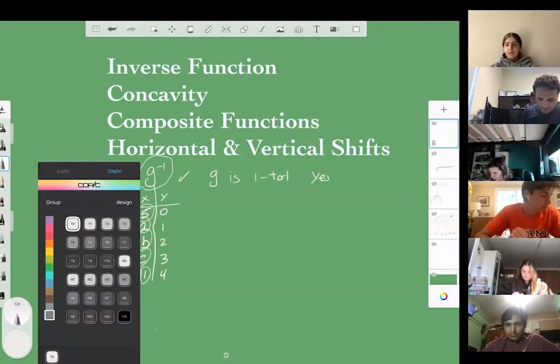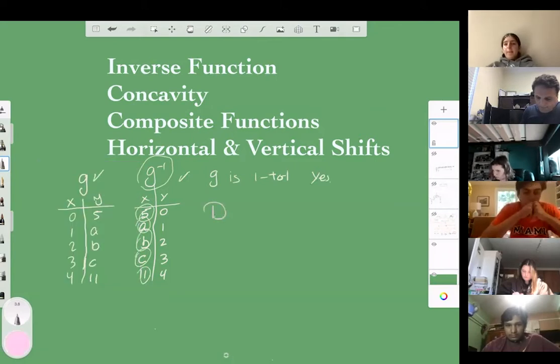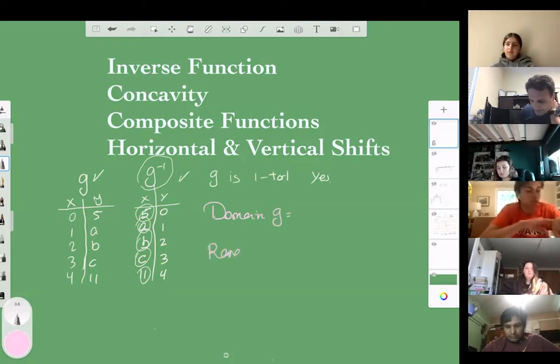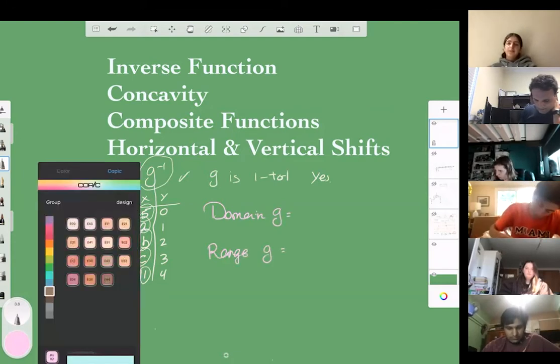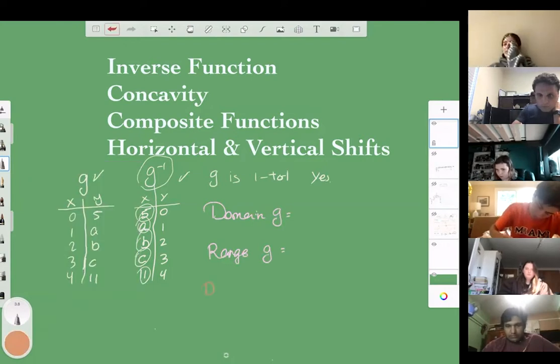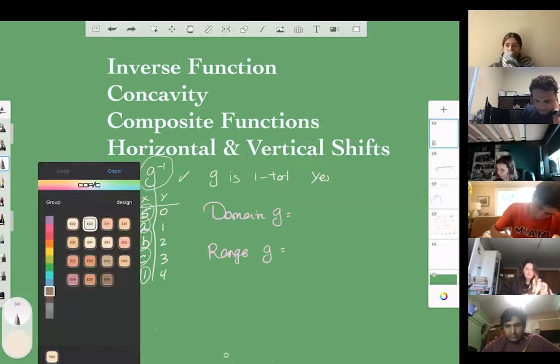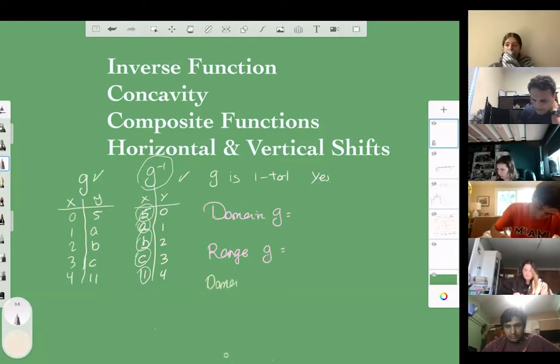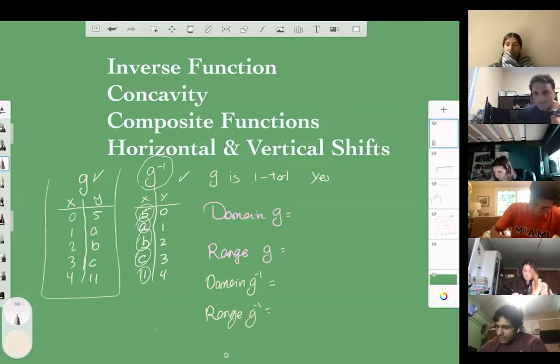Can you guys tell me what is the domain of G, and what is the range of G, also domain of G inverse and range of G inverse. So domain of G, the way I give you guys the function is a table.